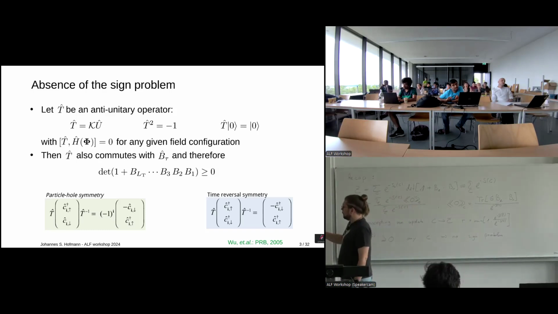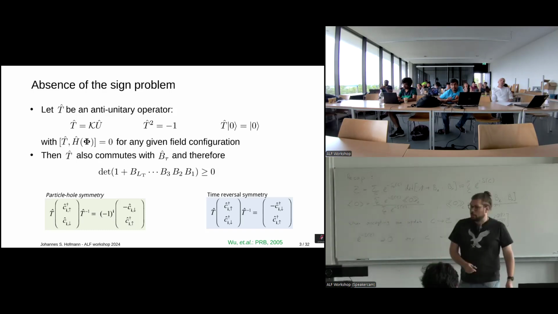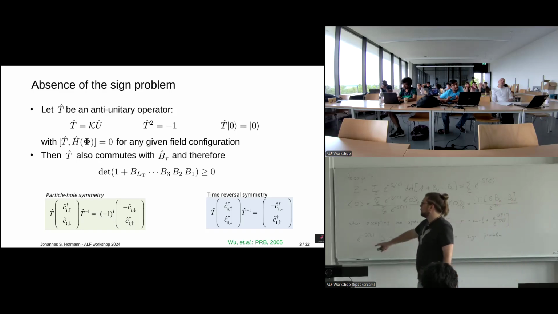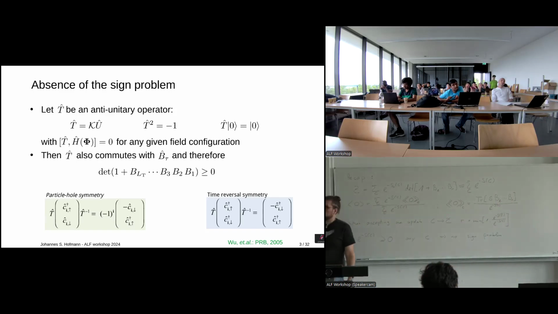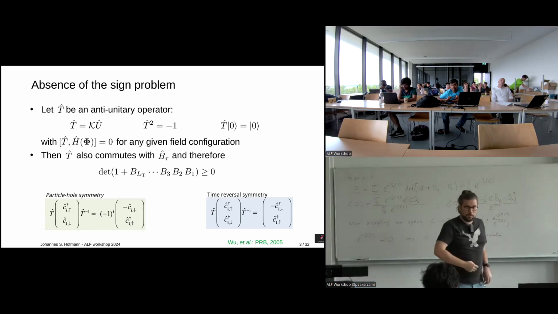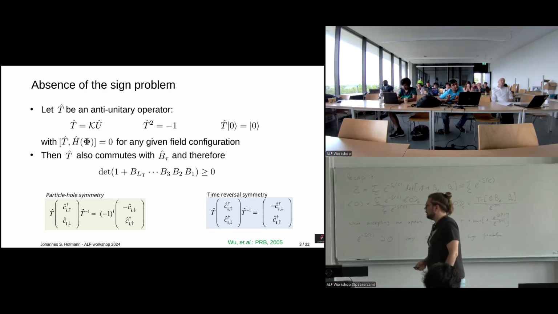Actually, one cannot only use time reversal symmetry, but particle hole symmetry, even though there one has to be a little bit more careful, because the vacuum, the ground state of the many-body fermion state that you create is not invariant, so you need an additional U(1) symmetry. But yeah, let's leave this as a side comment.